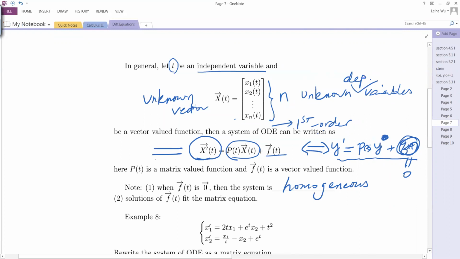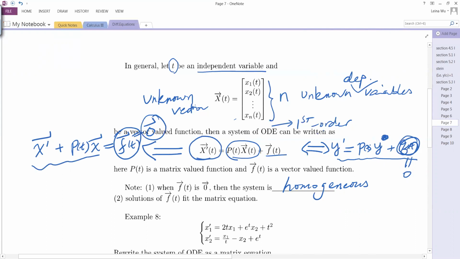Or the other way I can explain this would be, let me move this x prime and x on the same side. So you have x prime plus p of t vector x equals to f of t. And suppose this f of t equals to 0. Then you can tell that for this equation, the right-hand side is 0. Therefore, we call this homogeneous system, right?